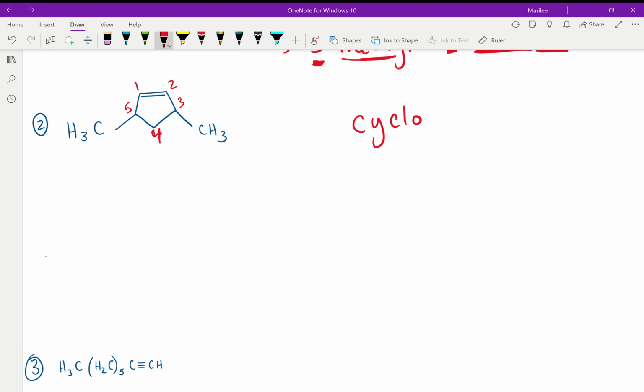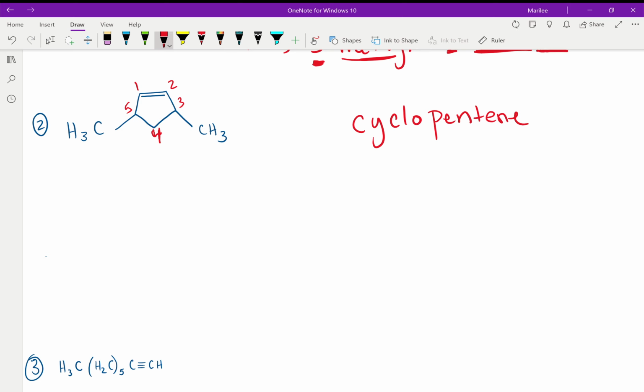So this one is again a 5-carbon chain, so for naming it would be cyclopent, because we have the 5 carbons, and then the ending, if it was all single bonds, would be ane, but we do have a double bond between carbon 1 and 2 here, so our ending would be ene. So cyclopentene is saying we have a ring with the 5-carbon chain and we have 1 double bond.